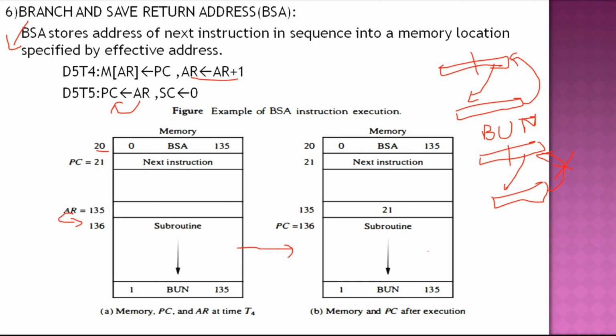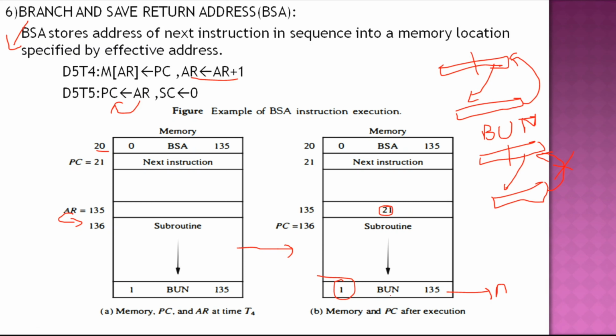After execution of those instructions, we will have another instruction named BUN, which is an indirect instruction. The 1 specifies that it is indirect. At 135 we have some address, so we will go to 135. At 135 we have some address, so it specifies that it is an indirect addressing mode. At 21 we have the next instruction to be executed.